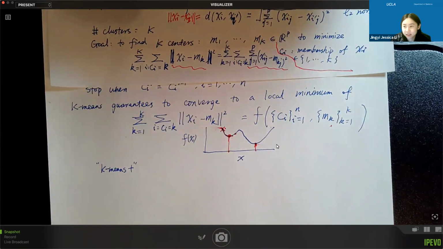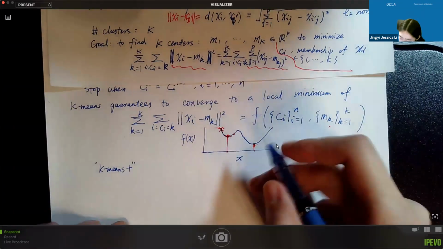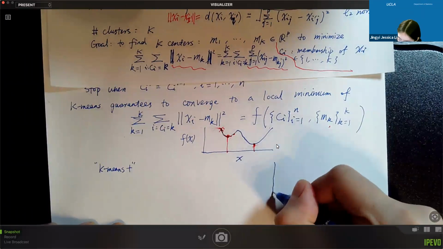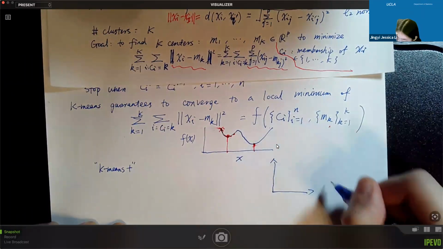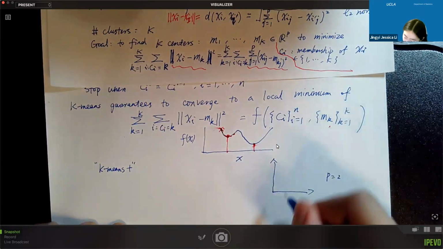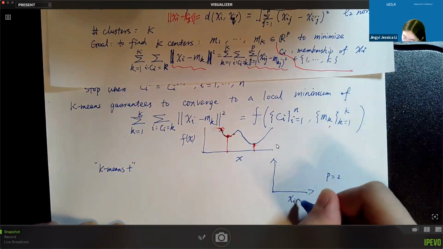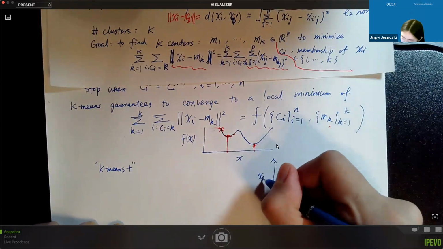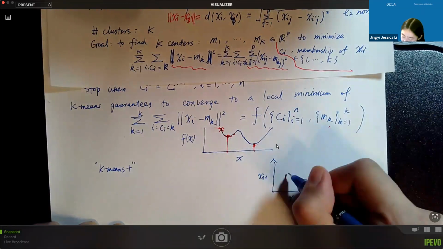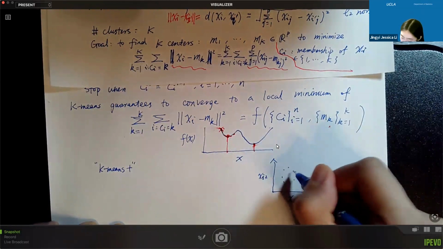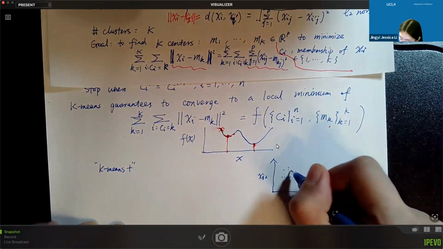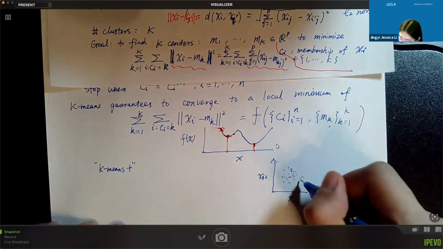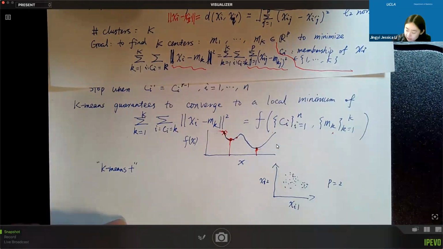That's the hope. Yeah. So for example, a typical local minimum of k-means can be like this. Let me give you a bad example. So let's say p equals 2, and I call these xi1, xi2. So you understand it's 2 dimensions. If you have a cloud here, and another cloud here, that's how your data look like.